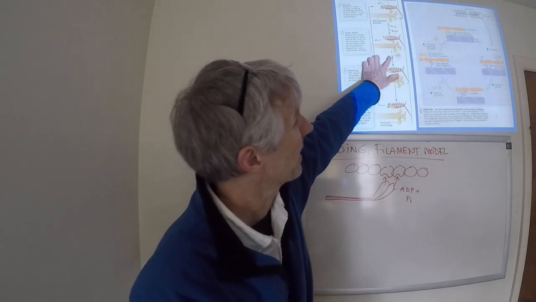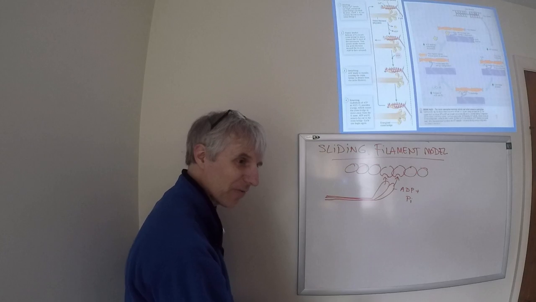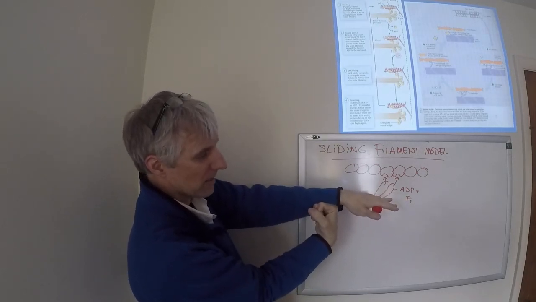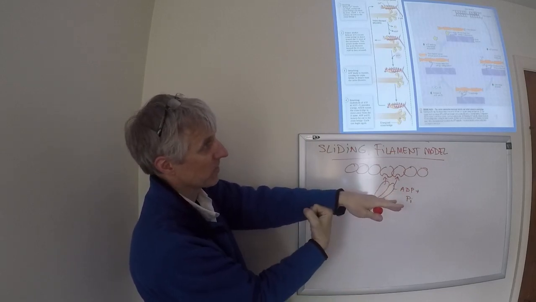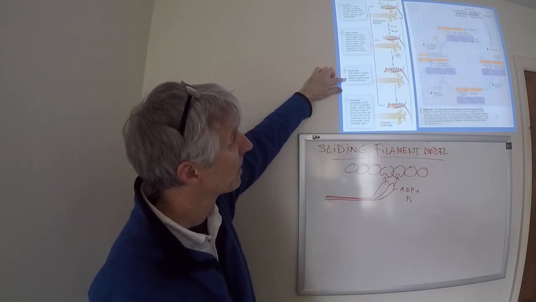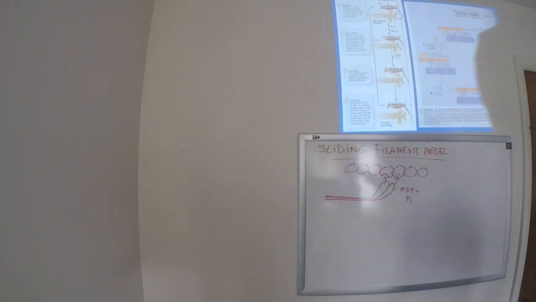Now, to get this back off, right, to get it off of that actin, we have to get the myosin head back to its high energy conformation. So to do that, we're going to bind ATP to it, causing the cross bridge to detach from the actin filament.